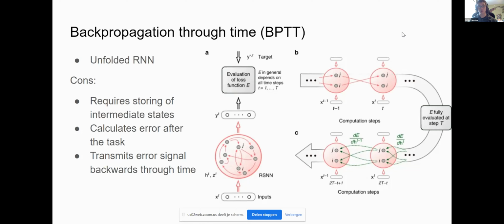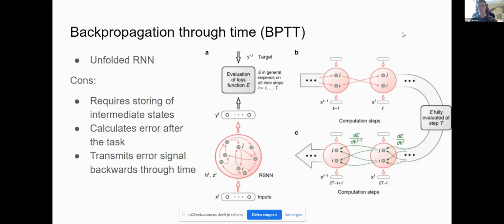What doesn't work is this in biology, because of some of the same arguments we had against normal backpropagation. It requires storing all the intermediate states as well. So for each neuron, because every layer uses the same neurons, you have to store each intermediate state of the neuron.